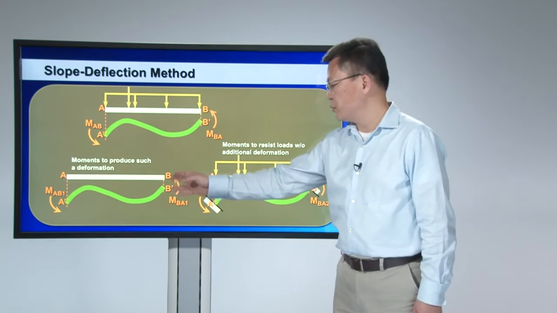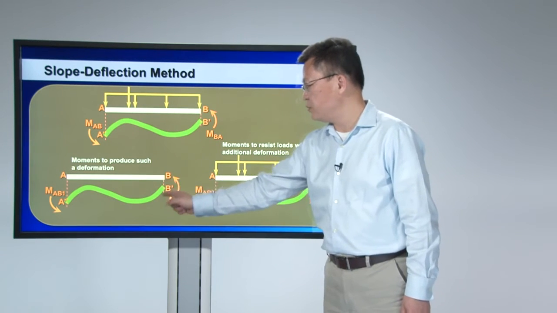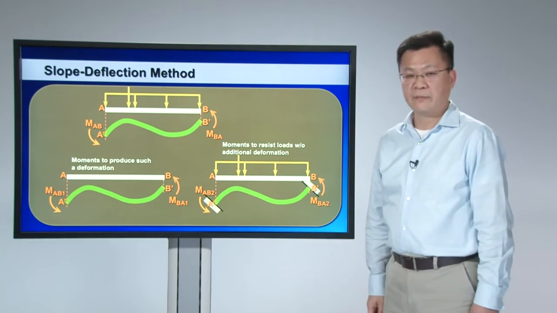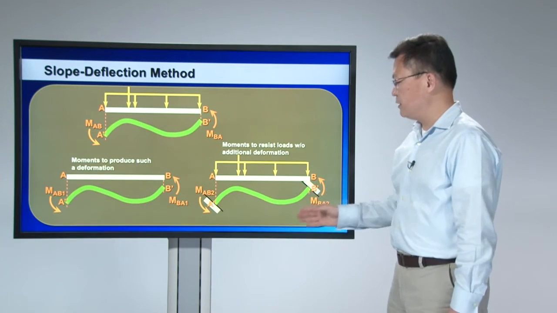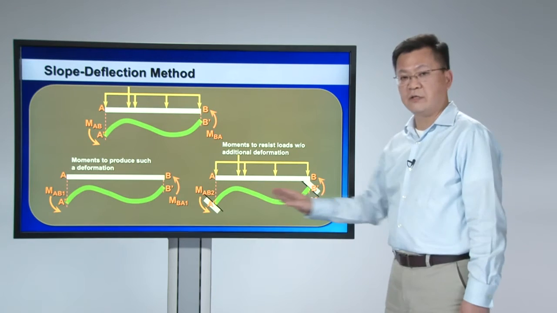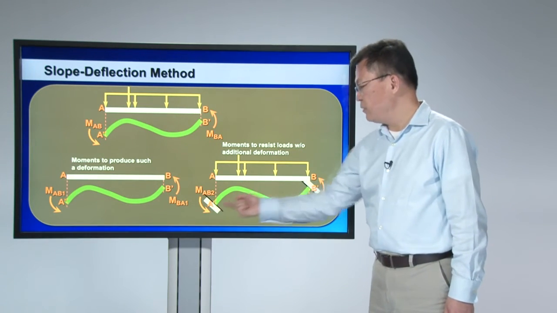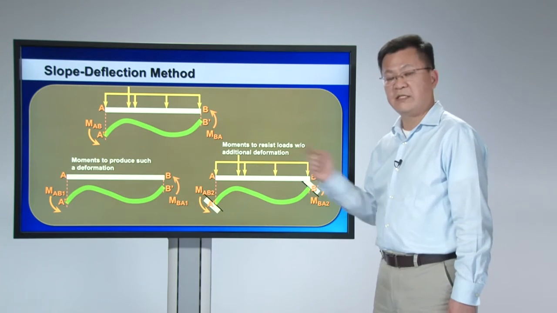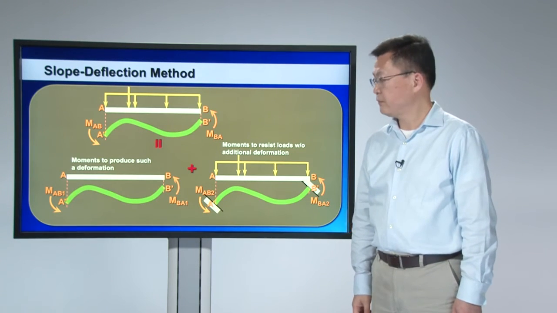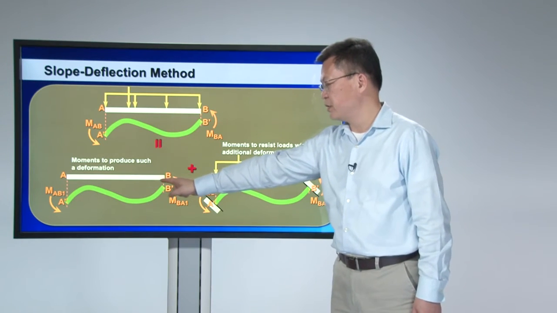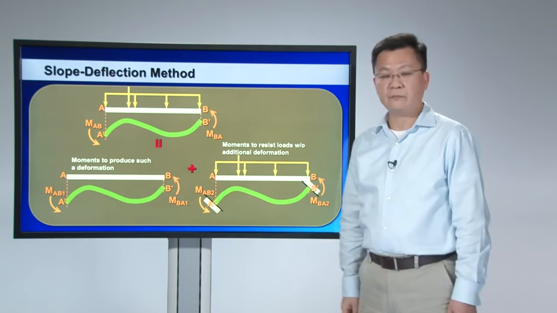Scenario 1 is to deform the segment into such a deformation shape using the end moments. The second scenario is, without causing additional deformations, I calculate the end moments required to resist the external force. So this condition is the superposition of these two scenarios.